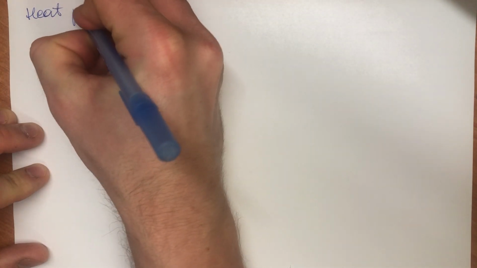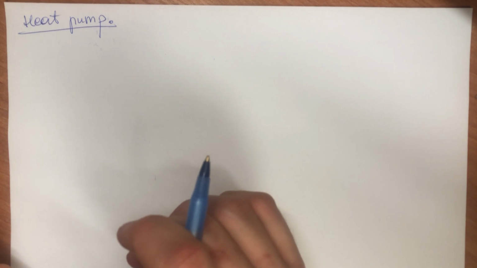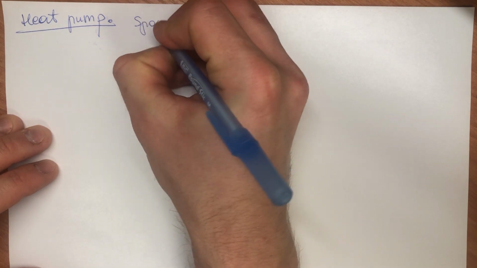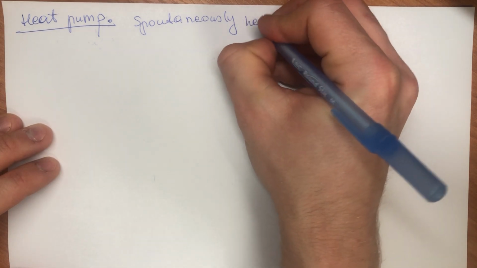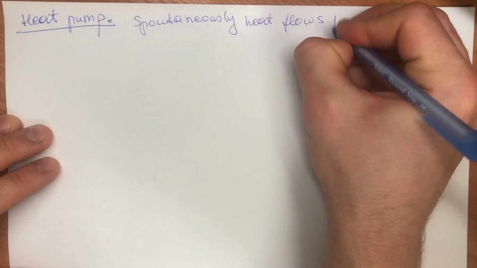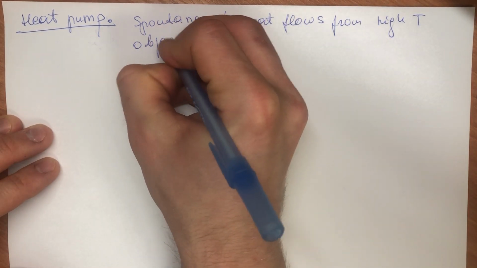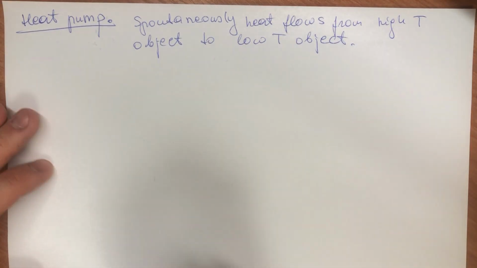Now, what is a heat pump? A heat pump is about a process that does not happen spontaneously. A spontaneous process happens on its own and doesn't need some kind of driving force. Spontaneously, heat flows from a high temperature object to a low temperature object, but never in reversed order.